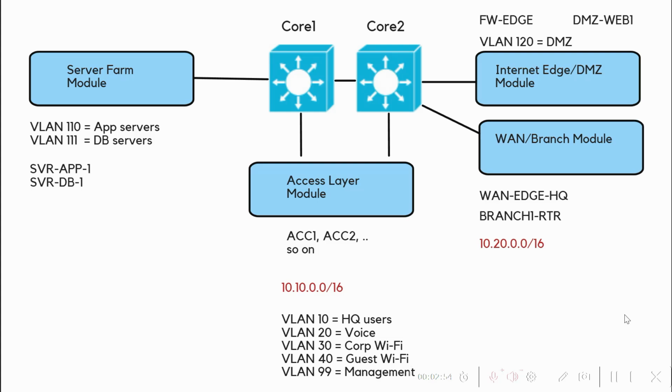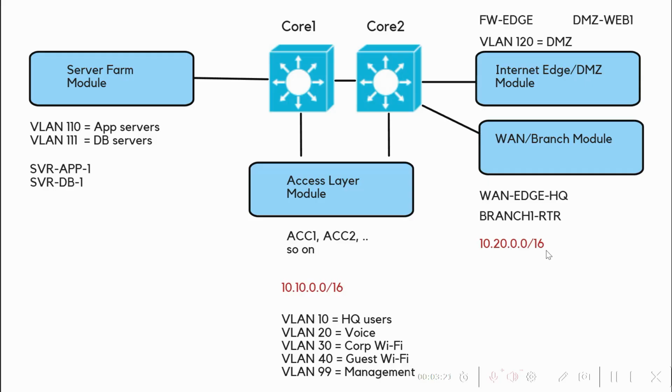On the one side, we'll connect a branch office, Edge-HQ at the HQ side, Branch1-RTR at the branch, and we'll use OSPF multi-area to connect the branch to HQ and out to the internet.